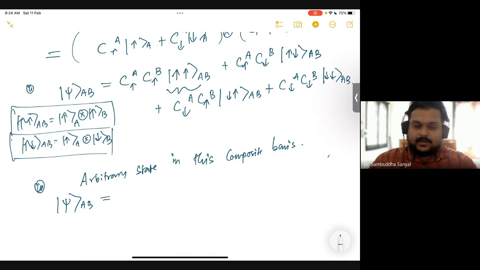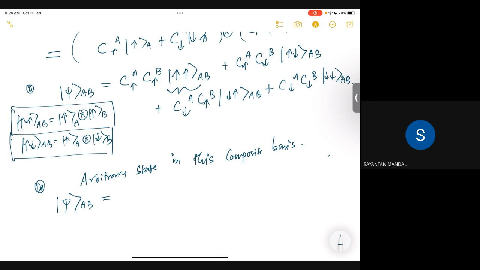This cannot be that bad. We have been discussing this for many days. It will be a linear combination of up up AB, up down AB, and so on. So this is just this.